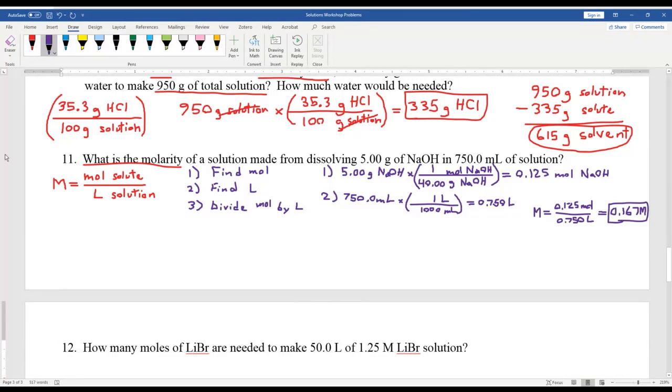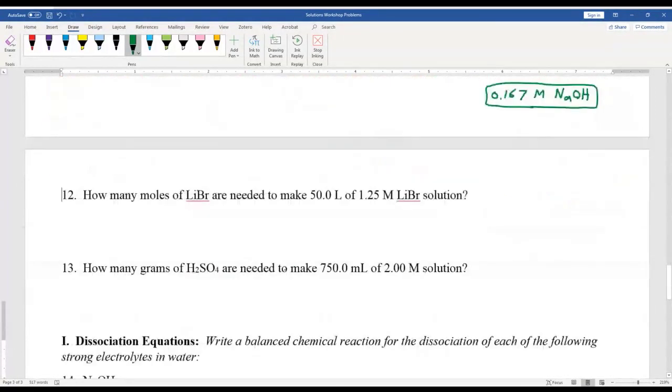In the lab, we always label our things not just with the concentration, but the substance. So a full and complete accurate answer would be 0.167 molar NaOH, sodium hydroxide, which in fact will eat your hand off. Did you know that?